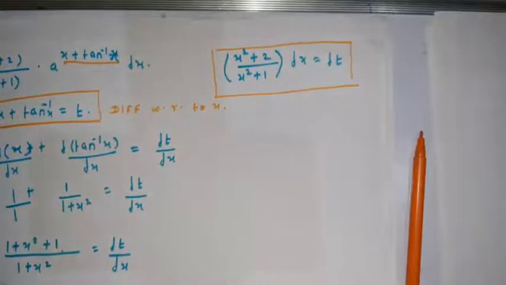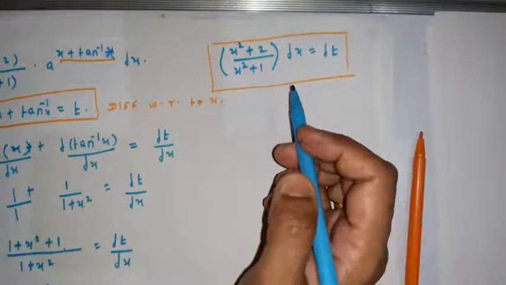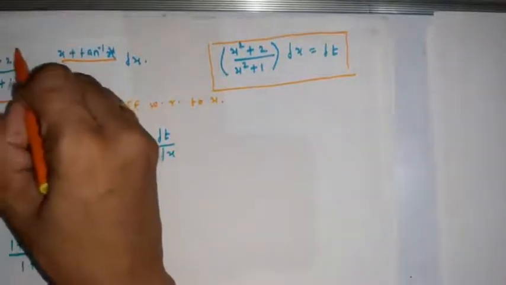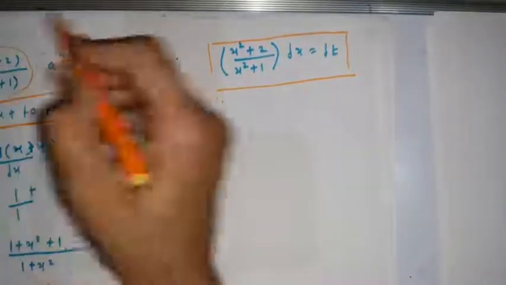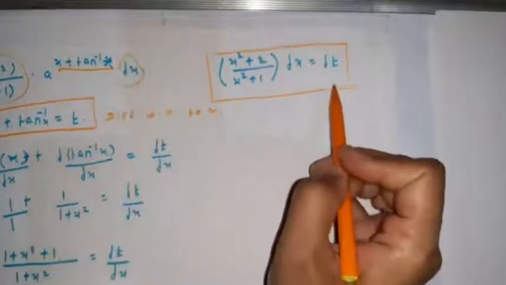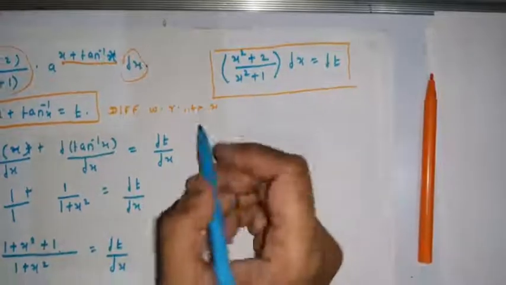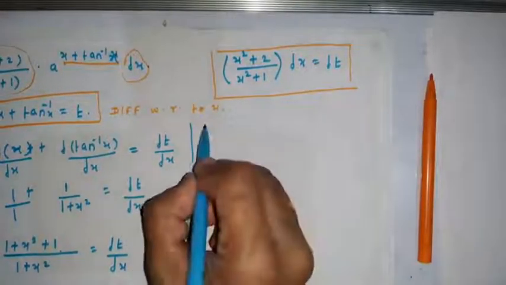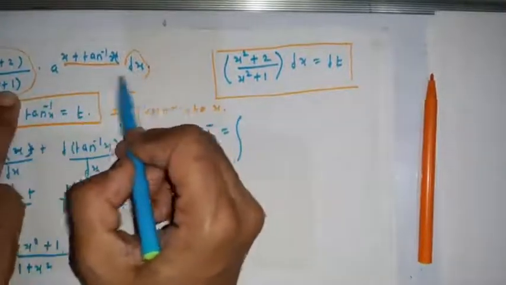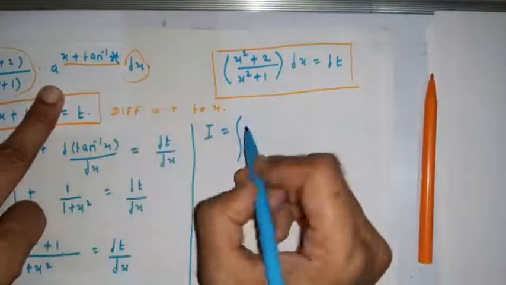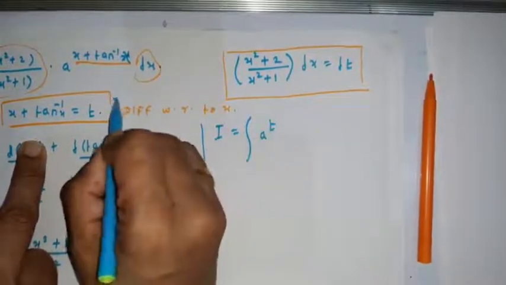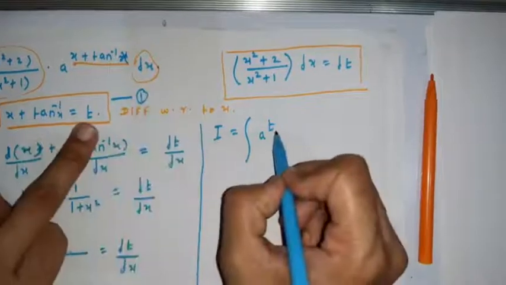Therefore, for x square plus 2 upon x square plus 1 into dx the value is dt, and hence our integration I equals dt times a raised to x plus tan inverse of x, which is a raised to t, since from the substitution this is t.